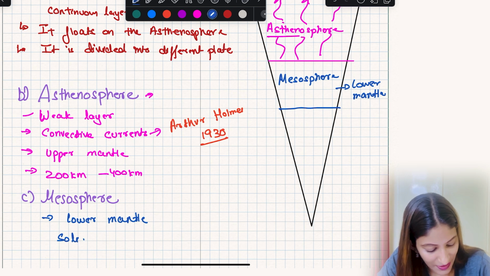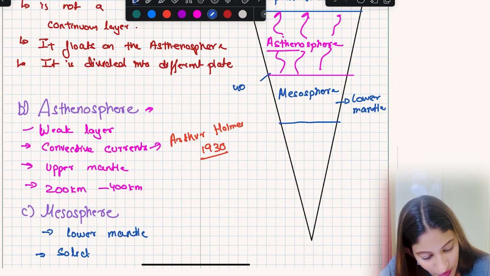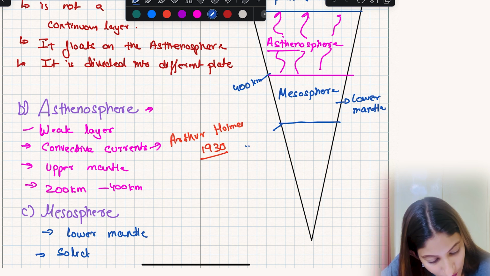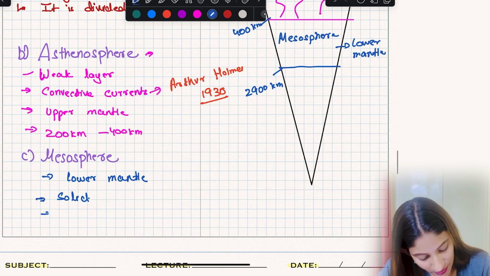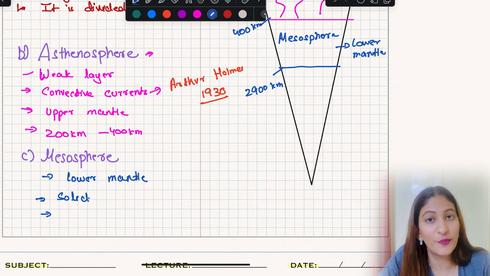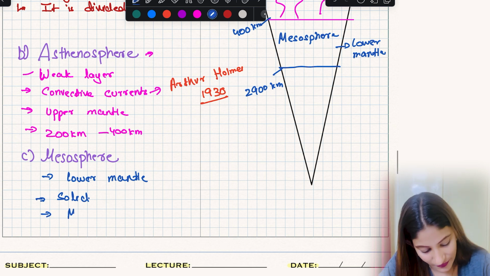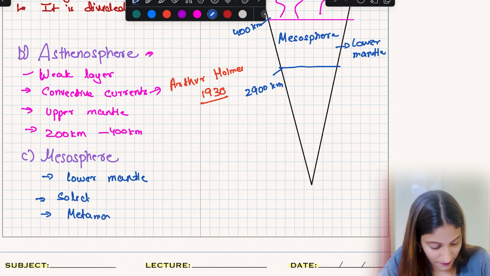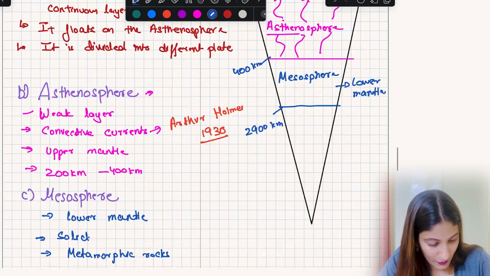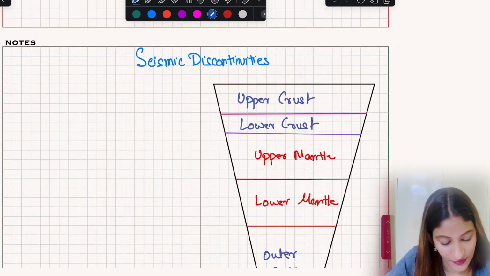This is solid, found between 400 kilometers approximately to 2900 kilometers. Solid, made up of Rupantarit Chattan, which we know as metamorphic rocks. Okay, because they have changed and then deposited themselves.